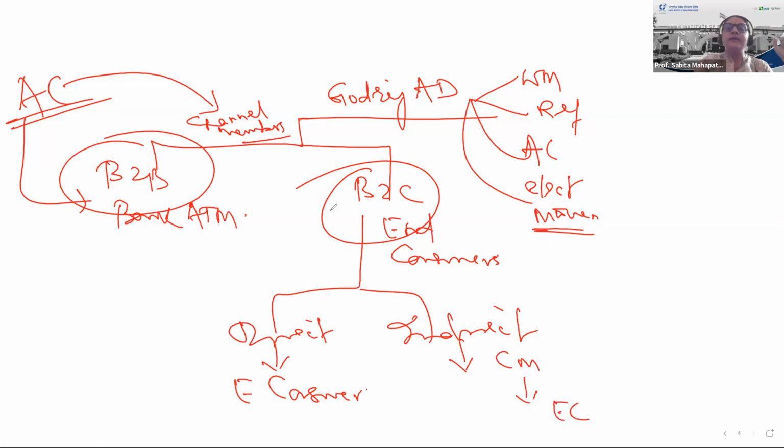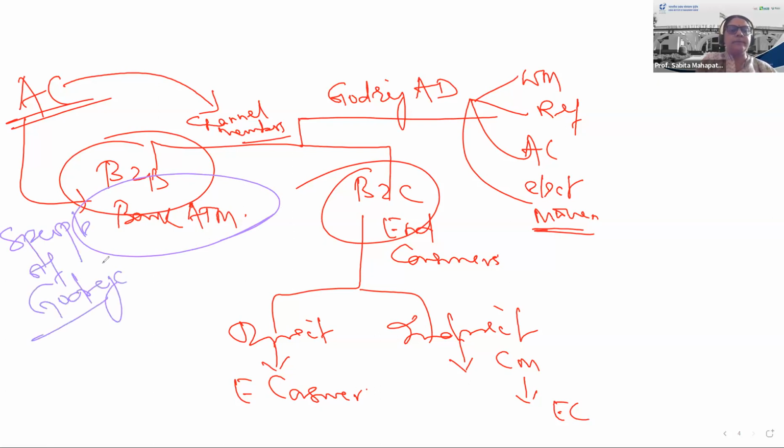Now, which one will be B2B, which one will be B2C in this entire scenario? The salespeople of Godrej will go to the bank, SBI, any bank. They will go and pitch the product.